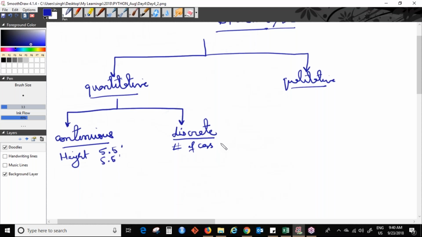For example, when you download an app from the Play Store, you cannot give decimal ratings. You can either give a 1, 2, 3, 4 or 5 rating. You cannot give a 4.5 rating. Overall, it can show you 4.5 based on the average of everybody, but one individual can only give a discrete rating. So these variables are known as discrete variables.